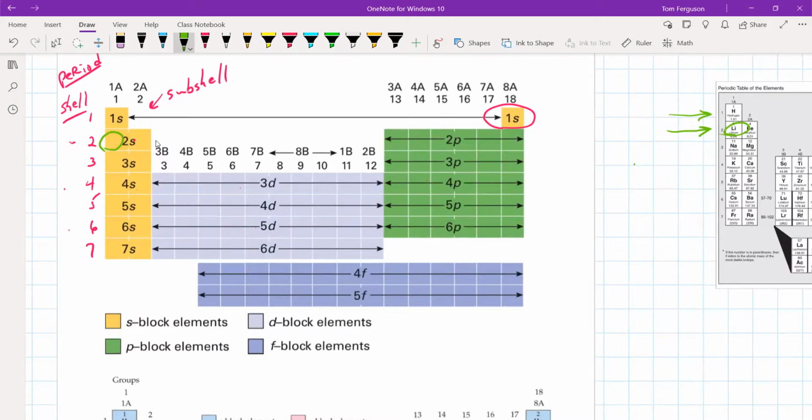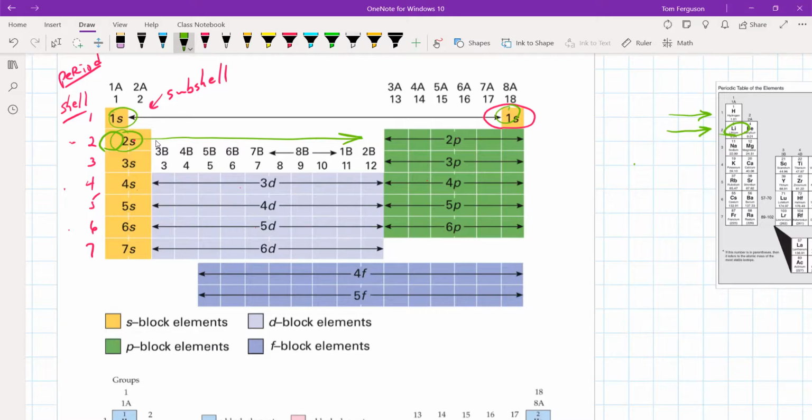Notice shell 2 has the potential to have S and P electrons if we have enough electrons. Okay, so 3 electrons. We have 1, 2, 3 electrons. We don't get to P electrons.